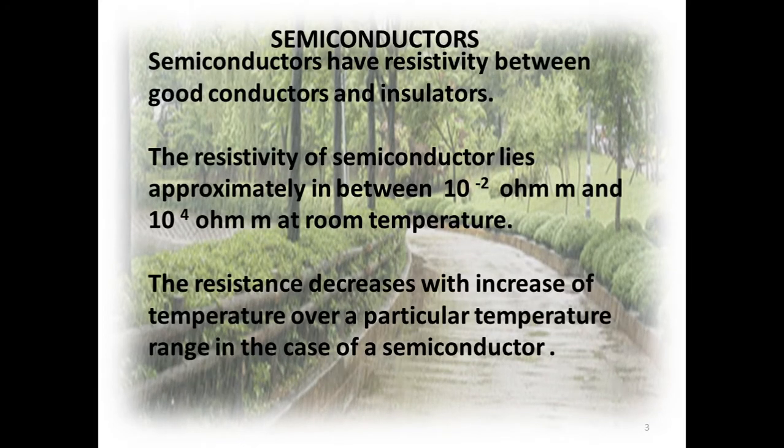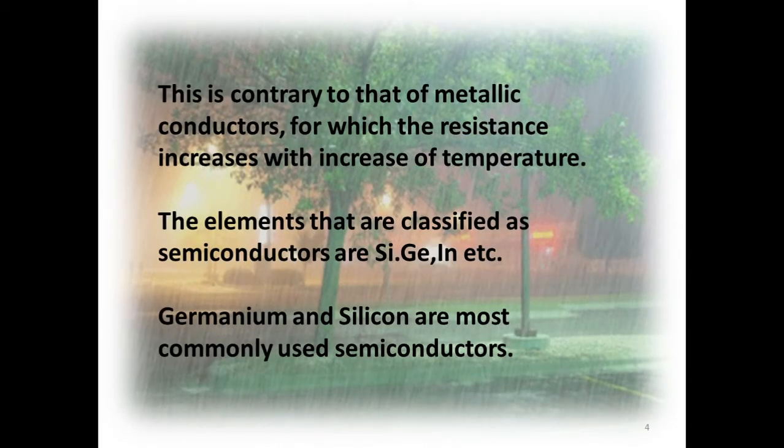If you plot a graph between temperature and resistivity or resistance of the semiconducting material, it is observed that the resistance decreases with temperature for semiconductors, whereas it is contradictory to metallic conductors.